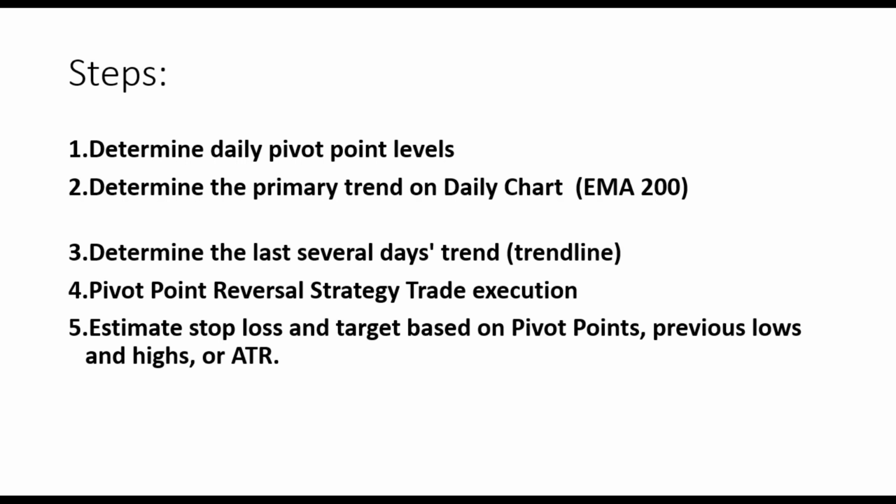Some traders use previous lows and highs, and some like to use formulas with the ATR, average true range, to define the best stop loss and target. In my experience, the best stop loss and target is some previous high or low, because these are important levels where we have proof that price will react.